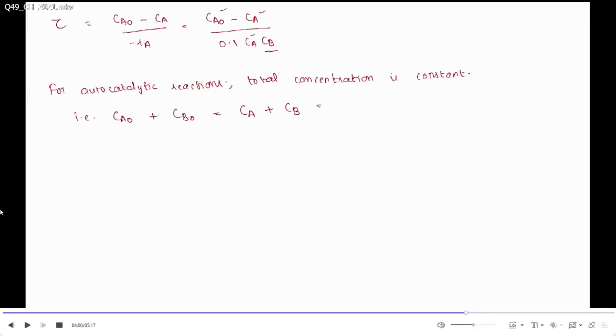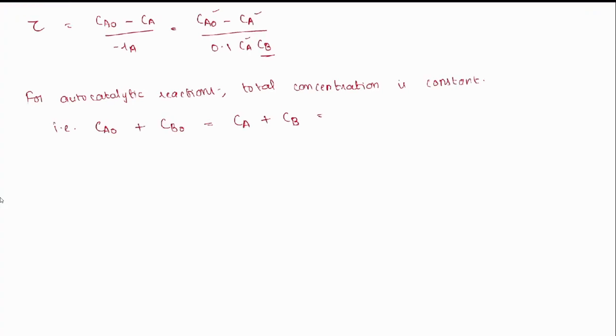What we mean to say is at any point in an autocatalytic reaction, the total concentration in the reactor is always constant. So that means the sum of the reactants initially fed will be equal to the sum of the composition of reactant that is coming out of the reactor, and let us say it is equal to C, which is an arbitrary value, and this holds true for an autocatalytic reaction at any time. So basically Ca0 plus Cb0 is equal to Ca plus Cb for an autocatalytic reaction.